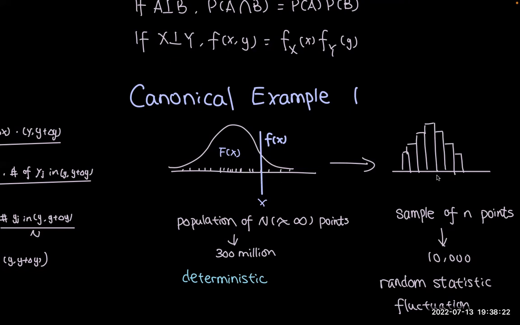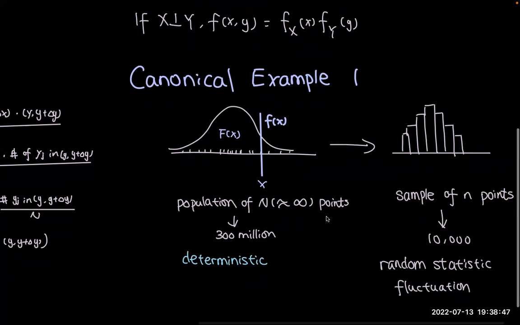This frequency can be random if n is finite, unless n goes to infinity, becoming infinitely large, in which case the long run frequency will converge to the probability. But for finite n, certainly there will be randomness, statistical fluctuation. Nonetheless, we can think of probability as a long run frequency.